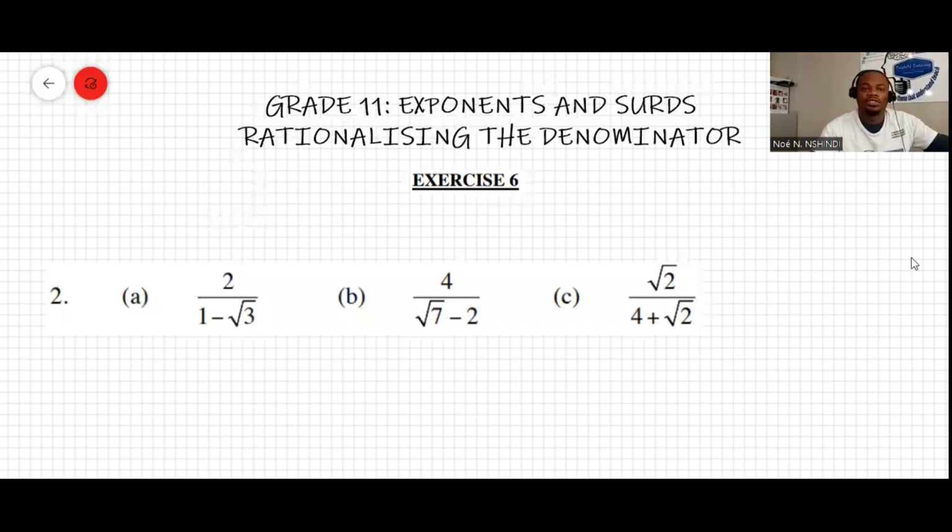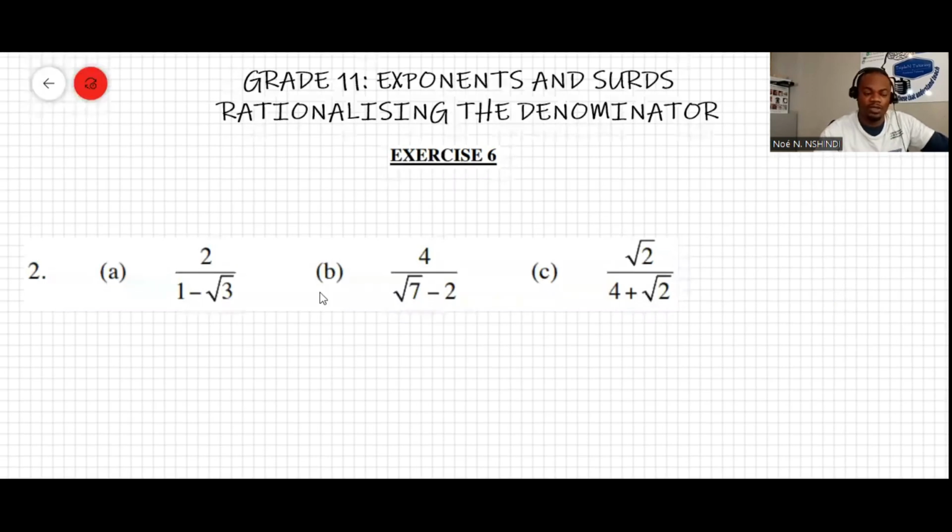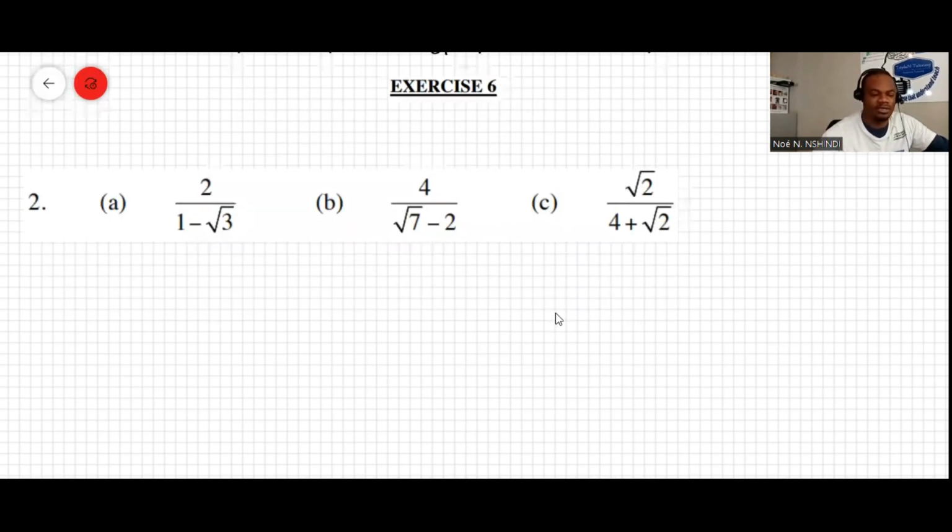Well, we have another question here that says rationalize the denominator of the following expression. Contrary to question 1, here we have like terms at the denominator. So in cases like this, we cannot really multiply by 1 minus root 3. See what will happen. If it was, for instance, let's say 2 over 1 minus root 3, and I multiply this by 1 minus root 3 over 1 minus root 3.